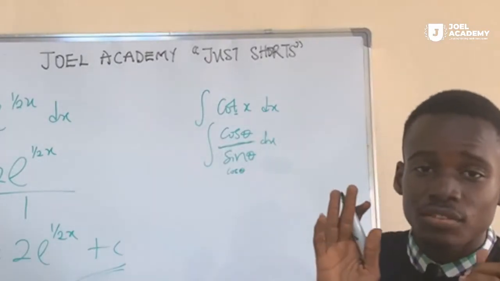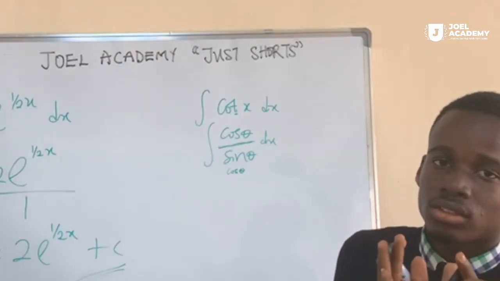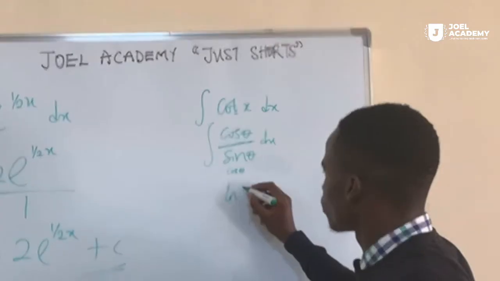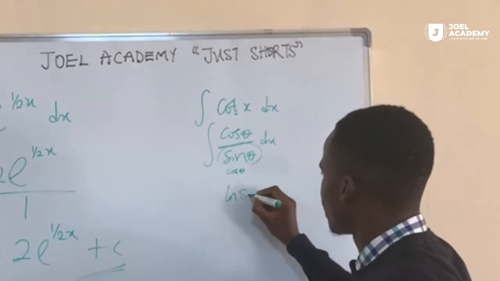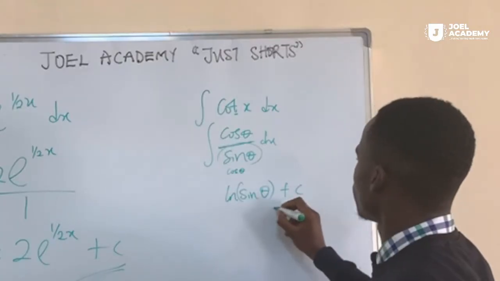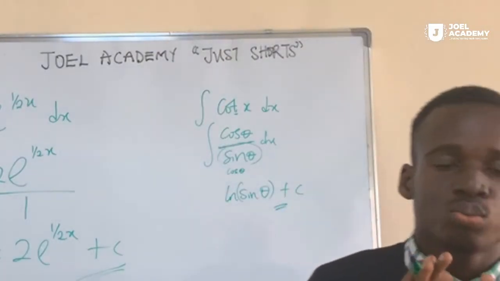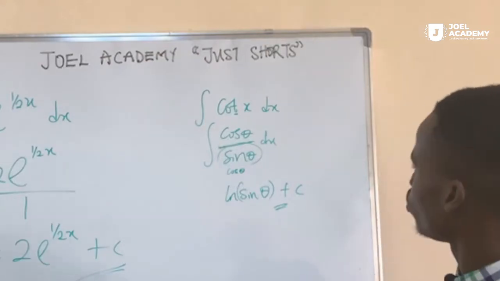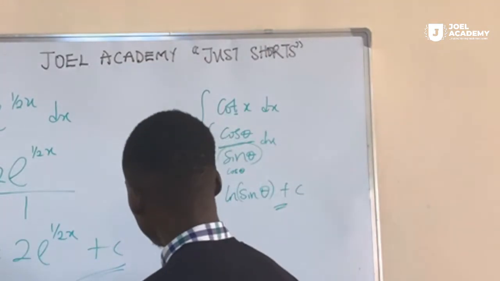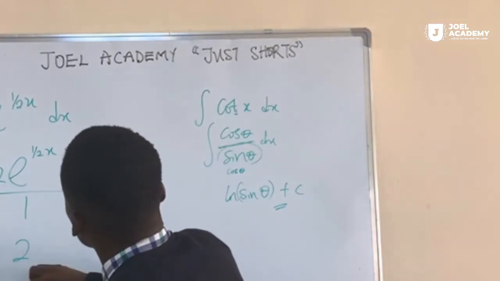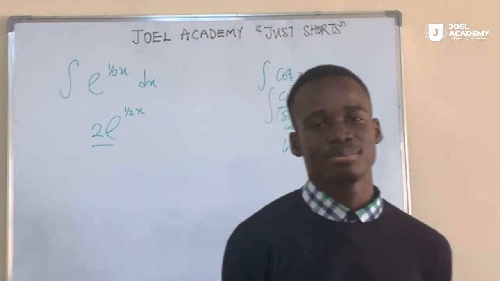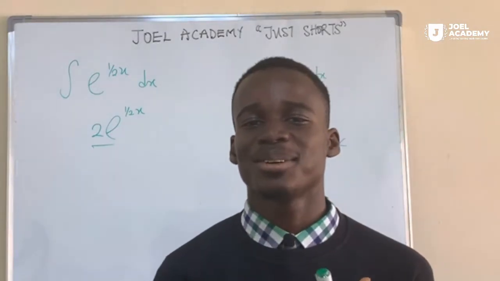So if it fulfills that rule, the answer is ln of the denominator, ln sin theta, plus c. That is my answer. It's simple and short. You don't need to start solving a whole long note. Okay, let's move to another one. If you're understanding, please say I'm understanding in the comment section.